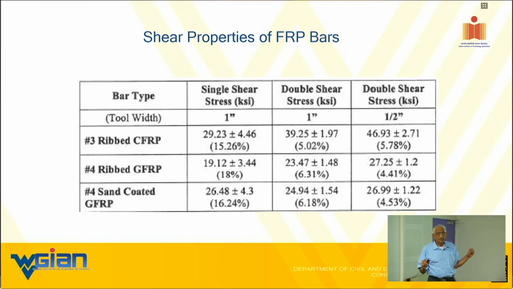The shear influence is about 10 to 16% depending upon the shear span. The shear span is A over D. I suppose you all know that. So that's the message I want to provide you with. Is that clear to you, all of you?